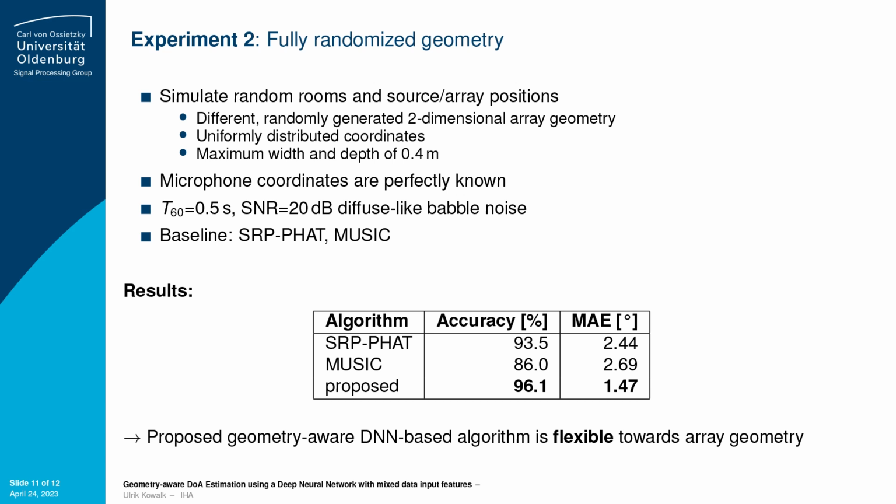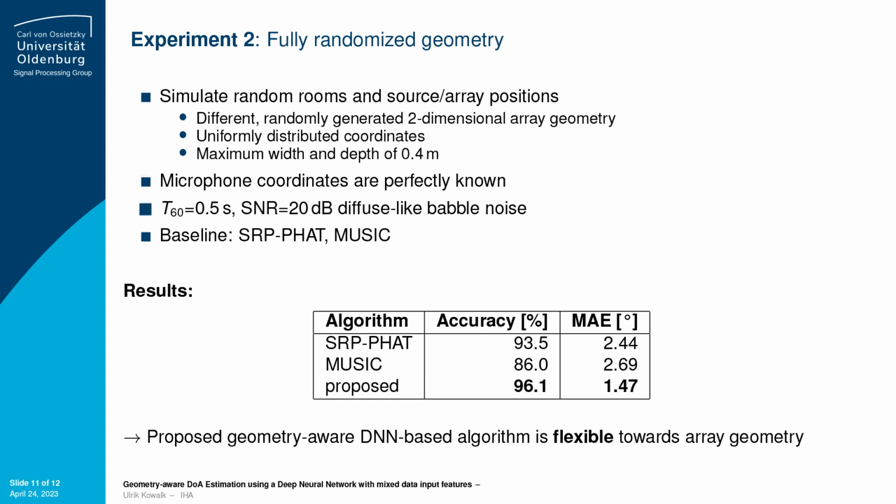For the second experiment, we simulate random rooms and positions of the sound source, as well as the array in the room, using different, randomly generated, two-dimensional array geometries consisting of uniformly distributed coordinates with a maximum width and depth of 0.4 meters. These coordinates are perfectly known to us.